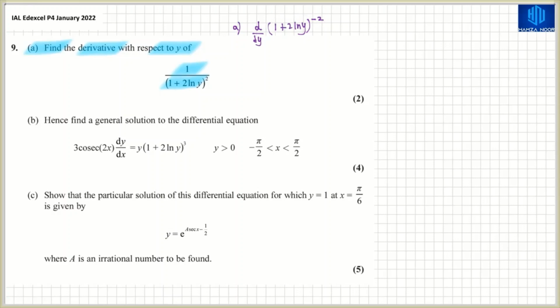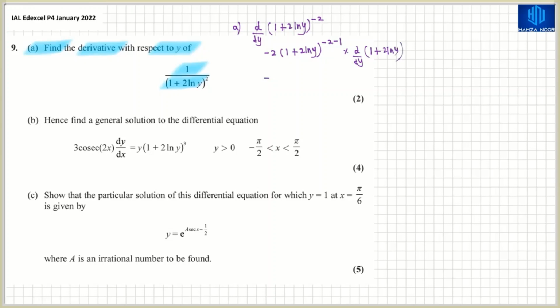So minus 2 multiplied by (1 plus 2 ln y) raised to the power minus 2 minus 1, and then it will be multiplied by the derivative of 1 plus 2 ln y with respect to y.